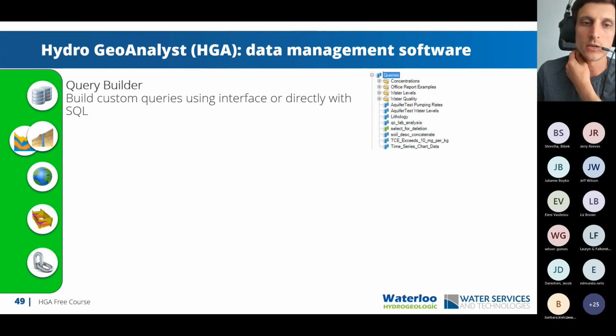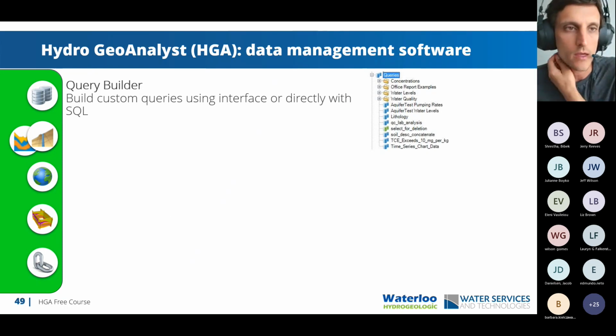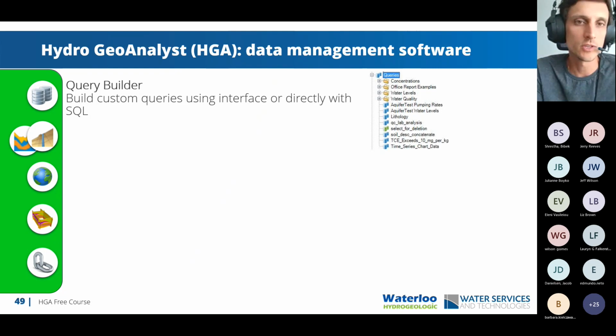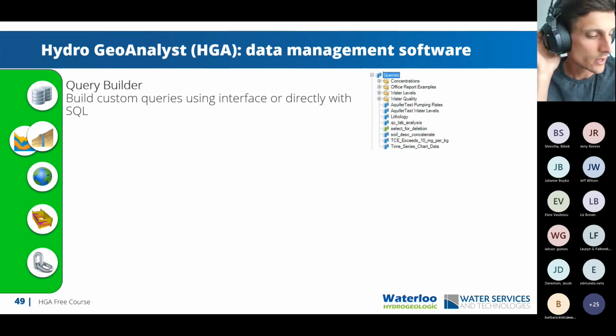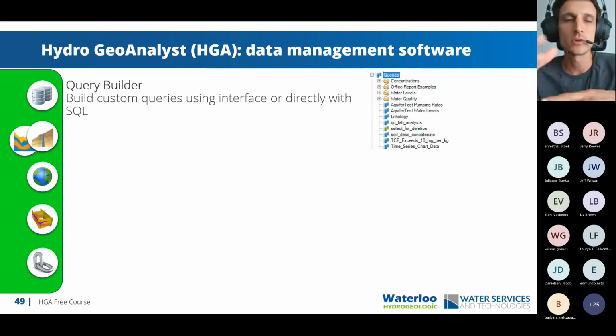So HGA has a query builder, and this is a very nice tool that helps you to create SQL queries, and you can have as a result different tables with different information. You don't need to be a specialist in SQL to create these queries because HGA helps you to build the SQL code.